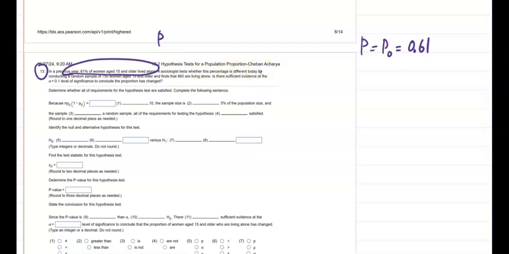The sociologist wants to know, is that going to be different today? So the sociologist is interested, is p going to be not equal to 0.61? The sociologist's experiment is to find the evidence to support that p is not 0.61.